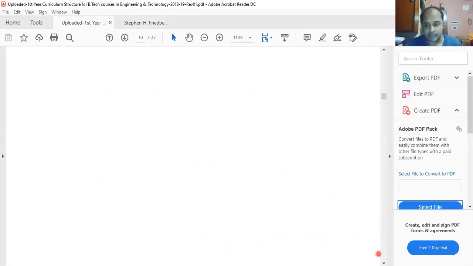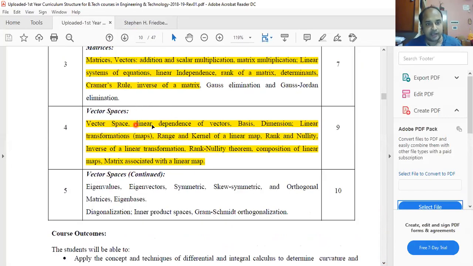We have done vector space, linear dependence, independence, basis, dimension, linear transformation, range and kernel, rank and nullity, rank-nullity theorem, and the matrix associated with a linear map, but we have not done composition of linear maps.